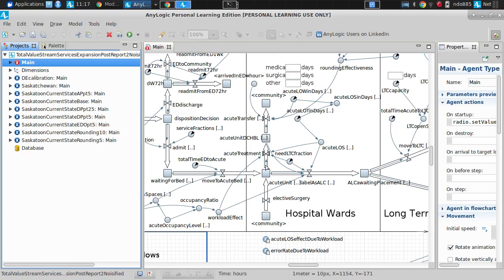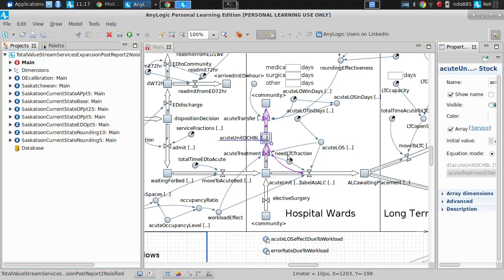And then following some acute treatment, they're awaiting transfer to community options. You'll notice that it goes to the community here. And there's a need to transfer them often to long-term care or other facilities, potentially to home care, etc.